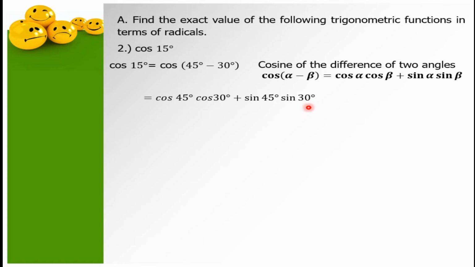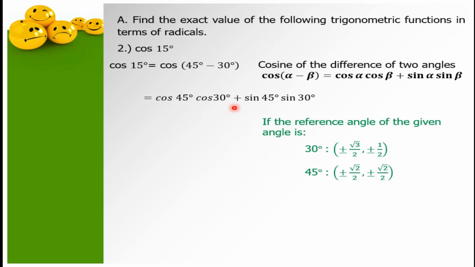Okay? So, what are the reference angle of 45-degree angle and 30-degree angle? For 45, so 45 din, yung reference angle ng 30 degree is 30 degree din. Okay? Ito yung possible na coordinates ng point of intersection ng terminal side at saka ng unit circle. Now, let's determine kung saang quadrant nakalagay yung terminal side ng 45 degrees.